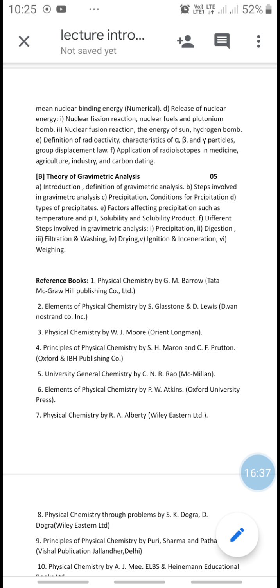There are some elements that are radioactive such as uranium, plutonium, and all the transuranic elements are radioactive. They emit alpha, beta, gamma particles in the form of energy.